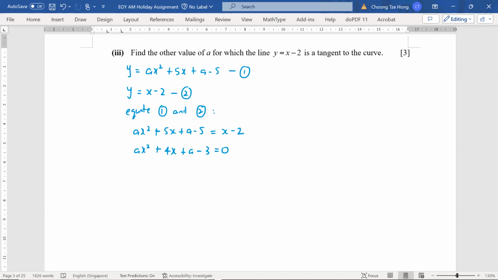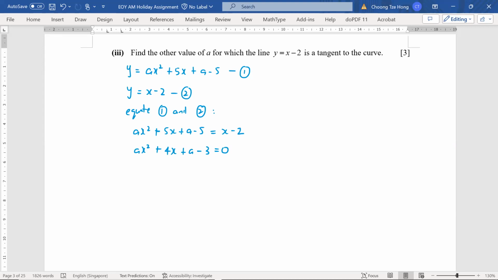When I solve this now, I should only get one answer, because they say find the other value of a for which the line is tangent to the curve. For this question, they are not asking you to show. They are telling you that the line is tangent to the curve. Find the value of a for which that is the case.